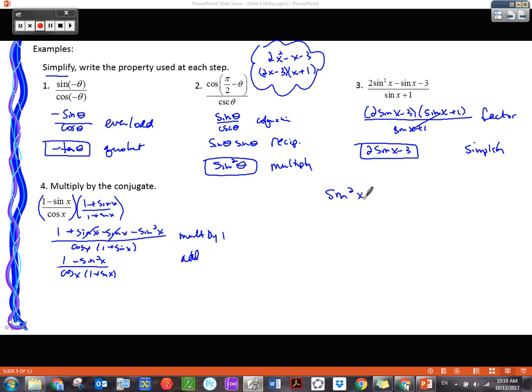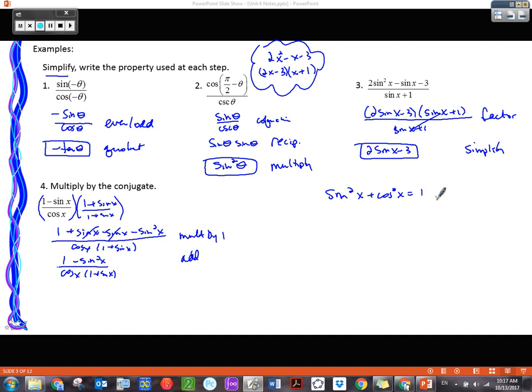Sine squared plus cosine squared equals 1 is a really big deal. It appears all kinds of different places. I want you to look at the numerator, and I want you to look at this expression and see if you can figure out what 1 minus sine squared will turn into. Cosine squared, right? If I subtract sine squared over here, don't I get 1 minus sine squared?